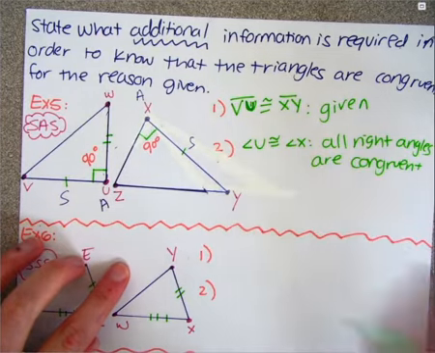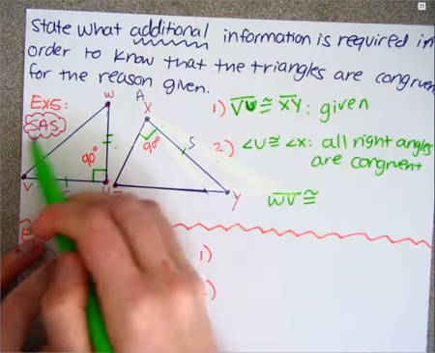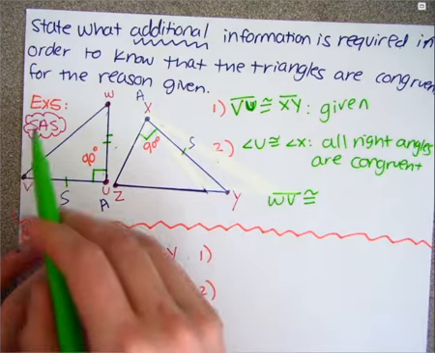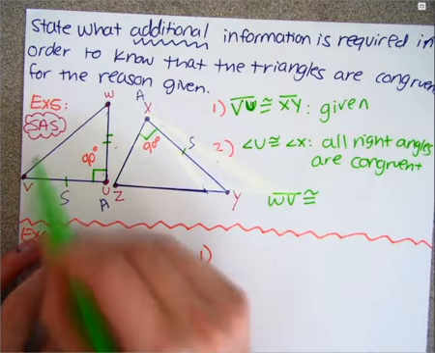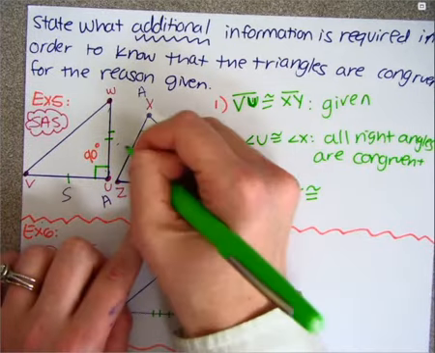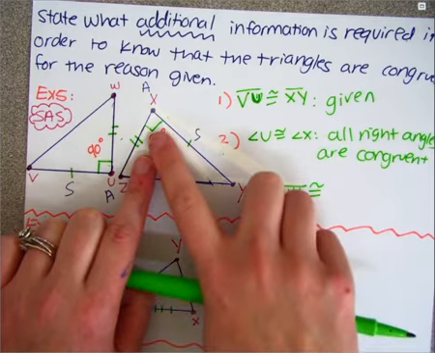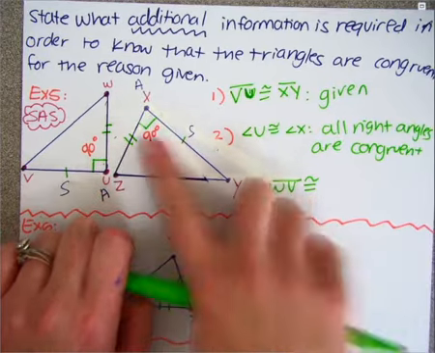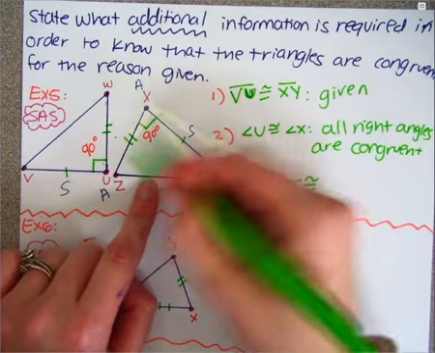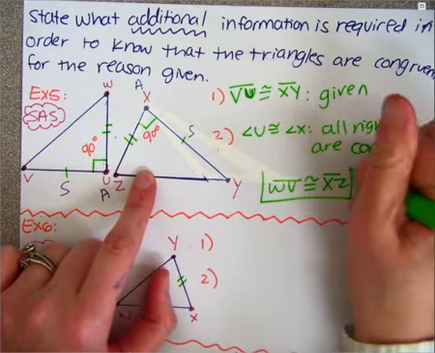This is what should have been given to me, so I could show they were congruent by SAS. So if WU was congruent to XZ, I have two congruent sides with an angle right in between them: side, angle, side. I should have been given that WU was congruent to XZ. That is the additional piece that I needed.